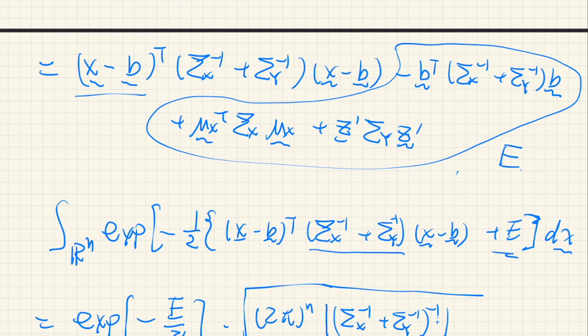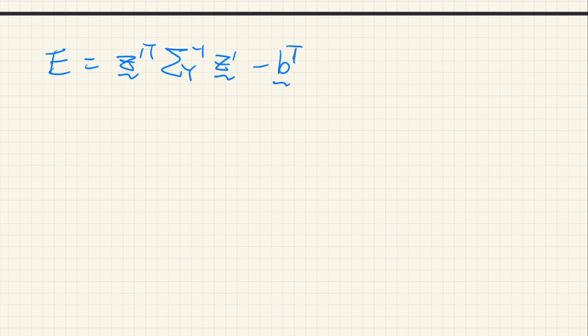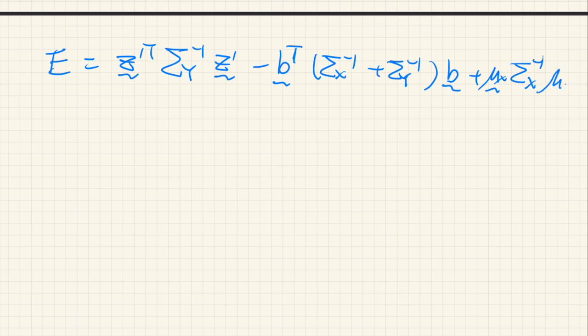Okay, let's tidy this up. E is z prime transpose sigma y inverse z prime, minus b transpose times sigma x inverse plus sigma y inverse times b, plus mu x transpose sigma x inverse mu x.